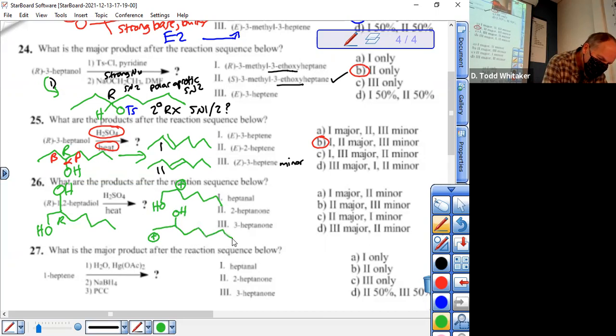Don't forget, you got to do the rearrangement to make the cations better. You're going to move the H. And this one, you're also going to move an H. You got to move something away from the alcohol carbon.